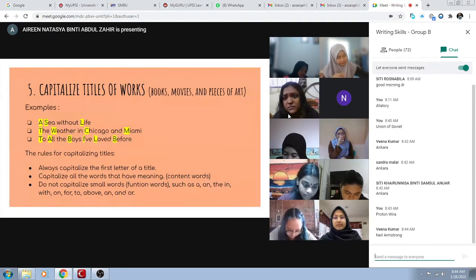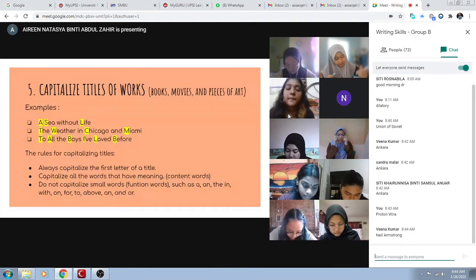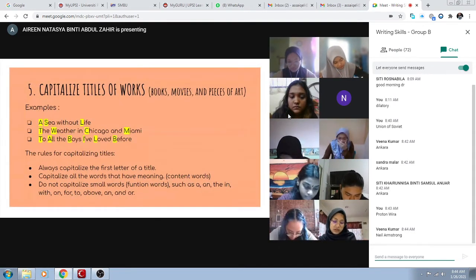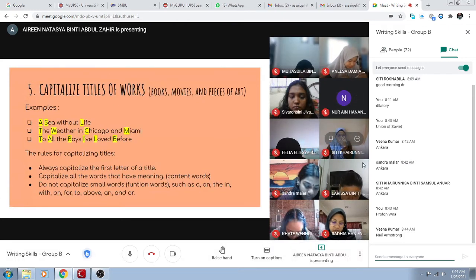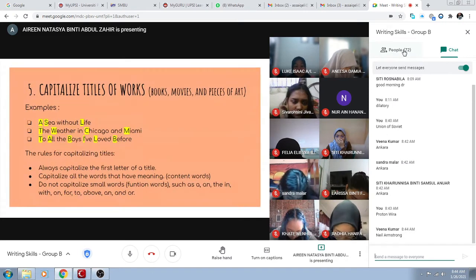Look at activity 3. Read the following titles. Rewrite them with correct capitalization. Okay. Who can do the first one? Radia, the first one.